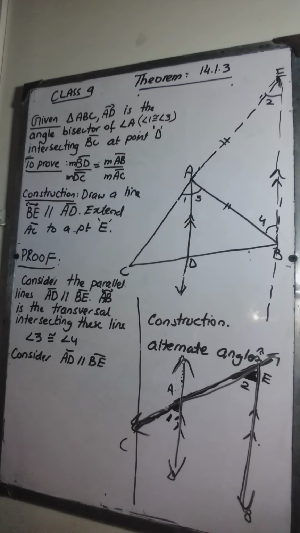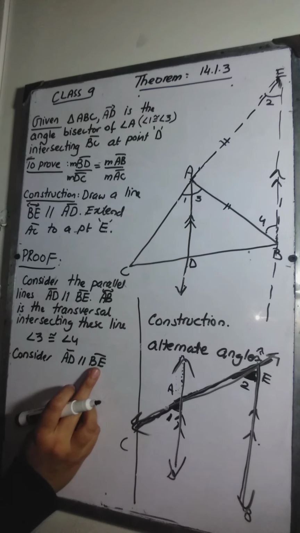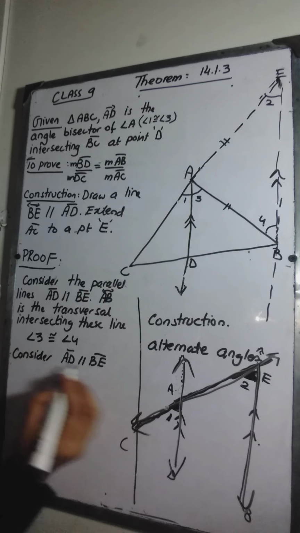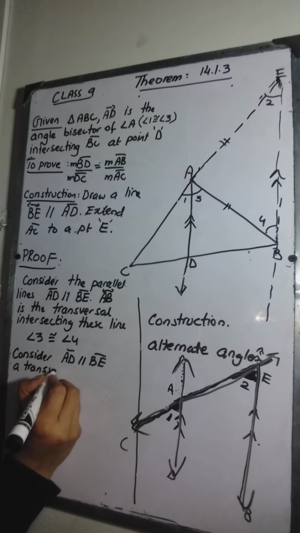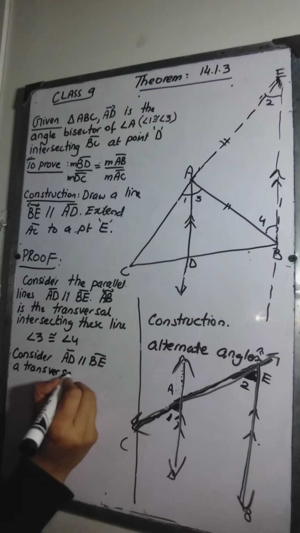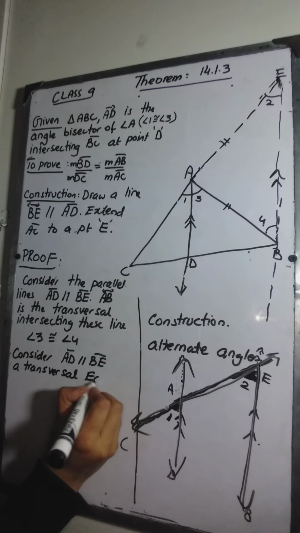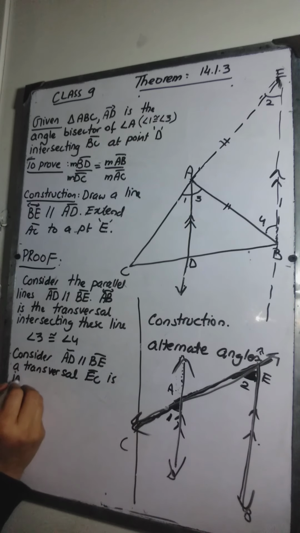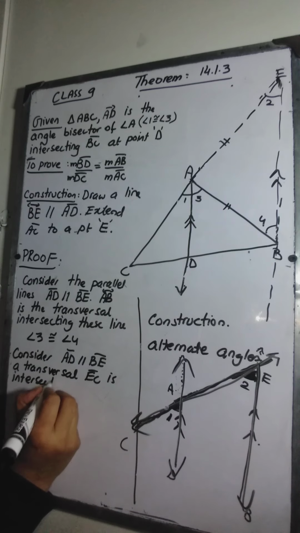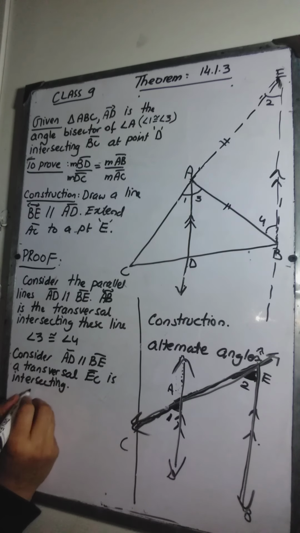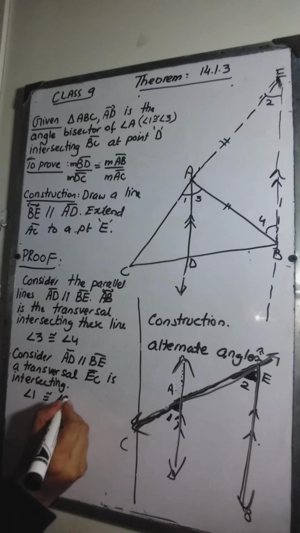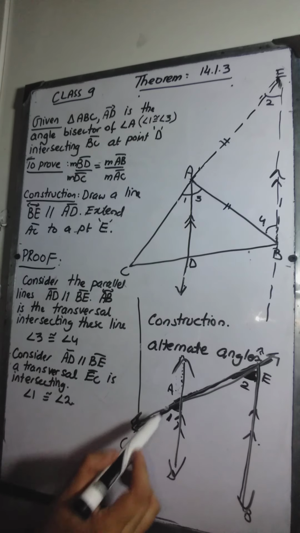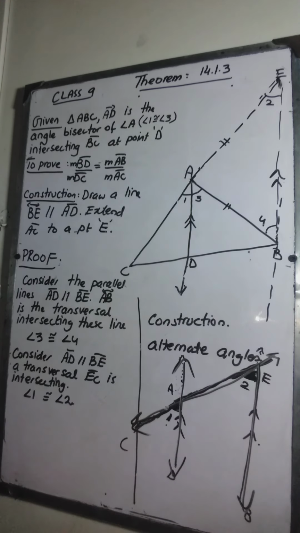So consider AD is parallel to BE, and a transversal EC is intersecting them. So angle 1 will be congruent to angle 2 because they are corresponding angles.